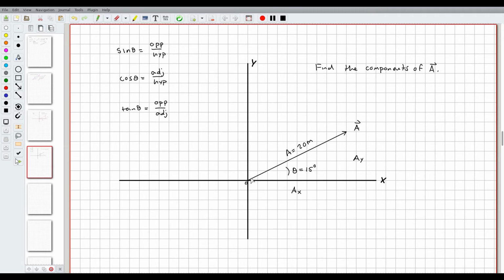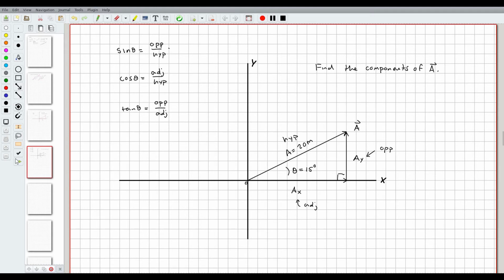Now, if you look at where this angle is, and you look at the pieces that make it up, this right here, in this particular case, is the part that's opposite of the angle, and this right here is the part that's adjacent to it. This is the hypotenuse, because after all, this forms a right triangle.